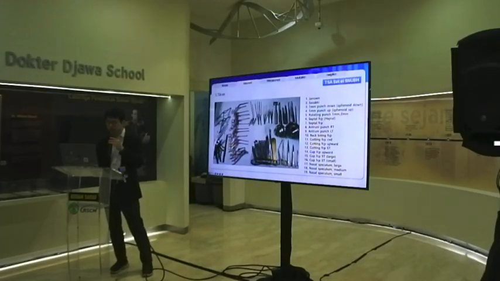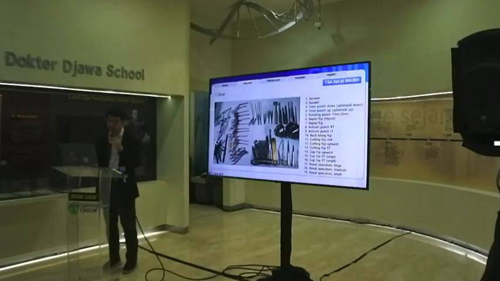This is the usual set when I began my endoscopic surgery in 2018. This is all the base, and we have some modifications now. But at first, when you do endoscopic surgery, maybe you need all these kinds of instruments.